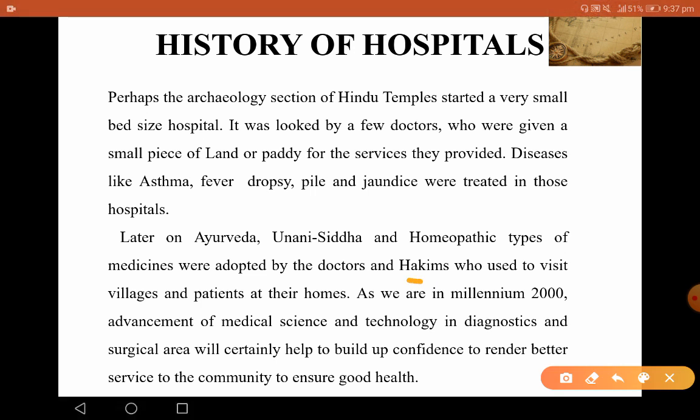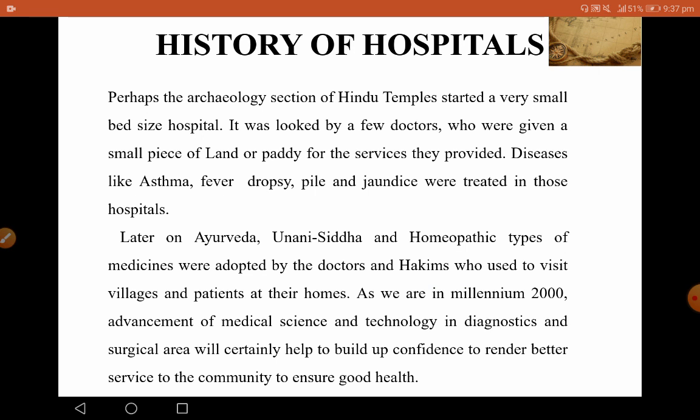These hakims used to visit villages and patients at their homes. Then as centuries passed, the medical field advanced in both science and technology, in the diagnostic as well as the surgical area, which built the confidence to render better service to the community and ensure good health. So this is how hospitals emerged.